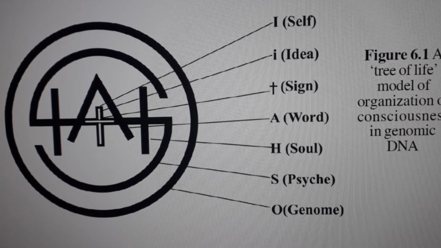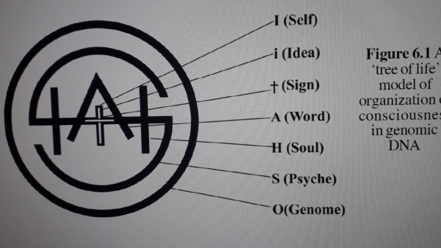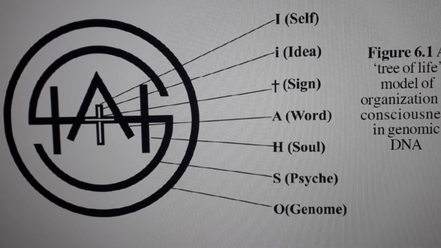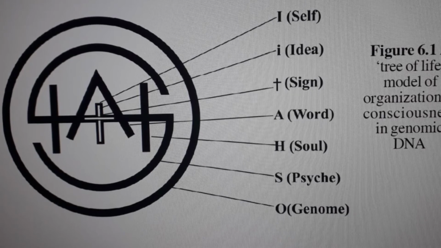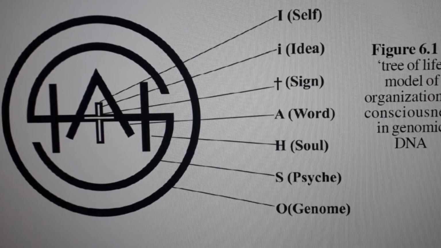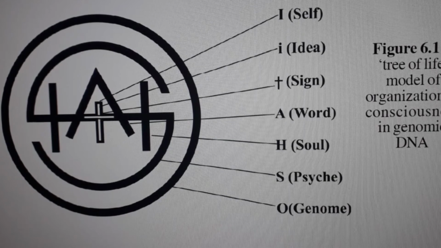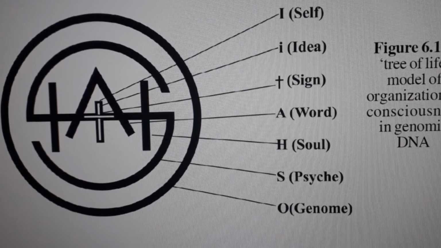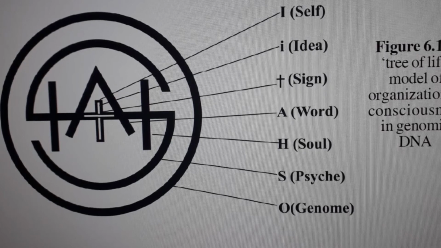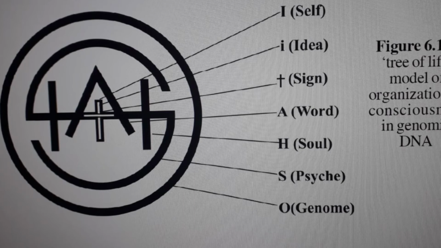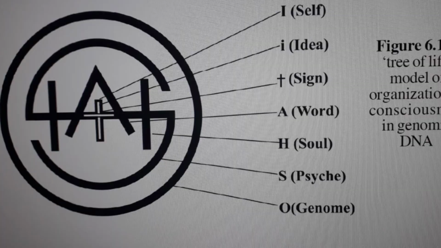This I am repeating so that you must fix it in your mind, this figure and the corresponding fields of life. To the best of my knowledge, this is the first time that subtle entities like the psyche, soul, spirit, and self are related to life science in a tree of life hierarchy with the aid of DNA archetypes.